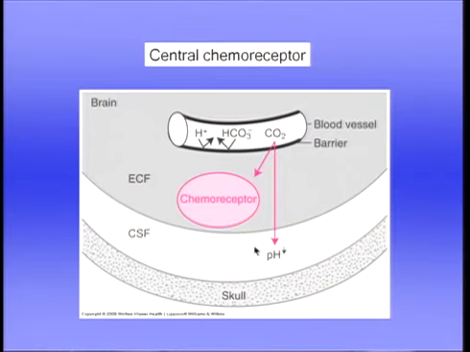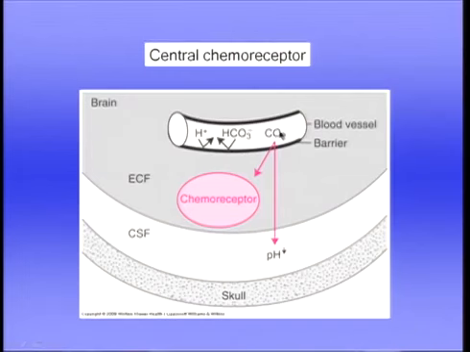An interesting thing happens if somebody is hyperventilating or hypoventilating for a long period. This sometimes occurs and therefore the CO2 rises. The CO2 sometimes rises in patients with chronic lung disease.